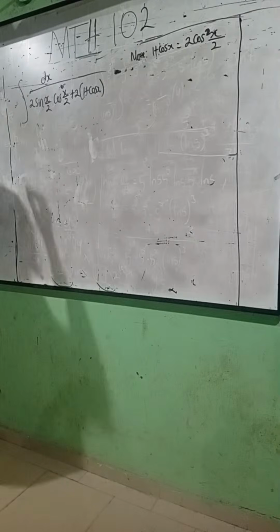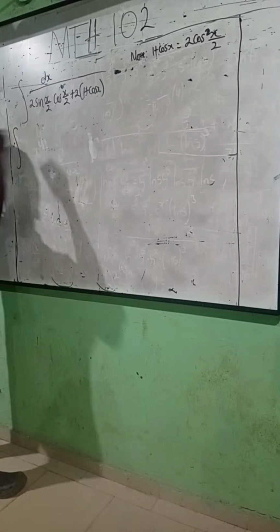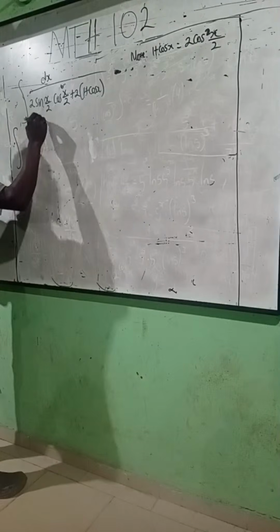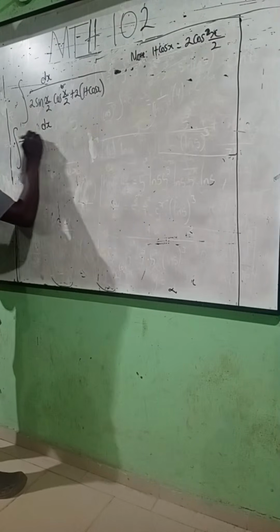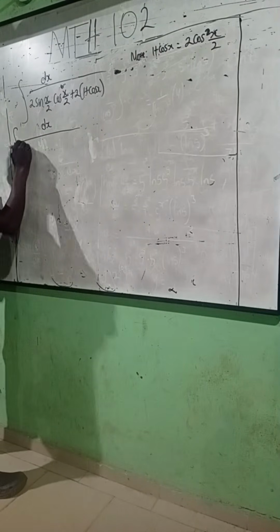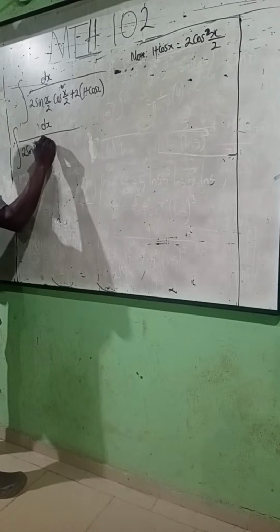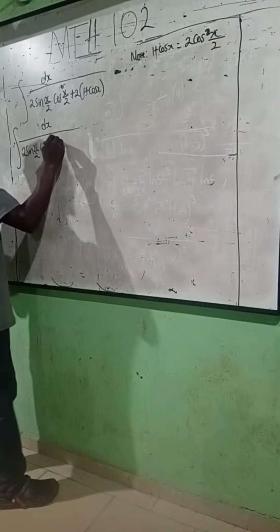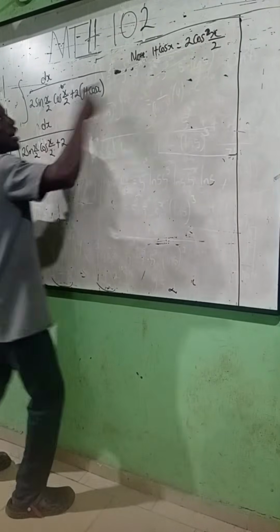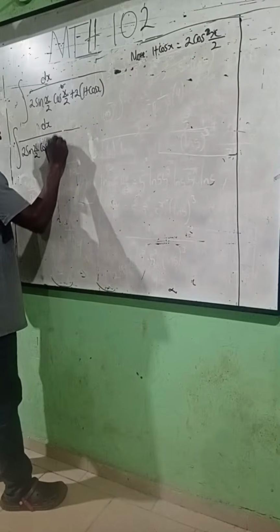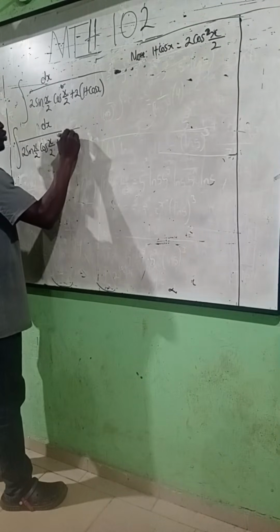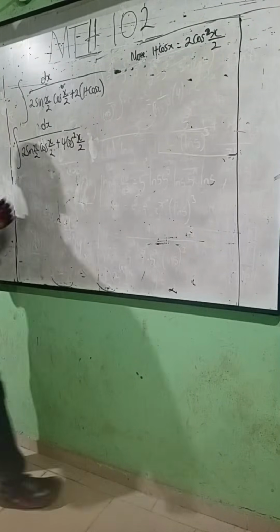Yeah, that's right. So this guy gave us dx over 2 sin x over 2 cos x over 2 plus 2 times 2, that is 4 cos square x over 2.